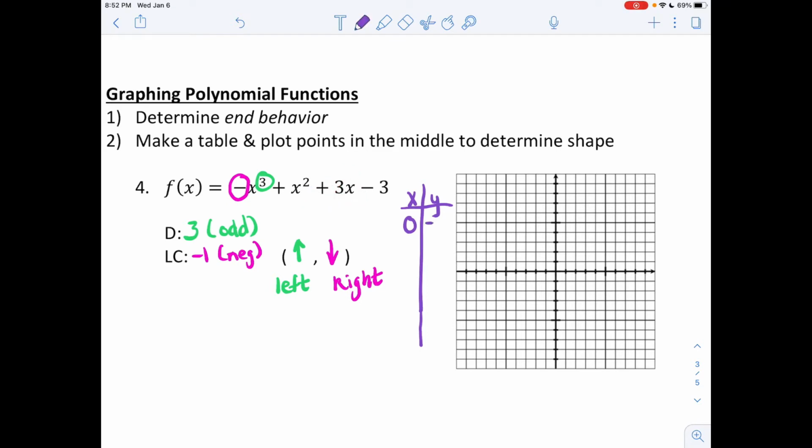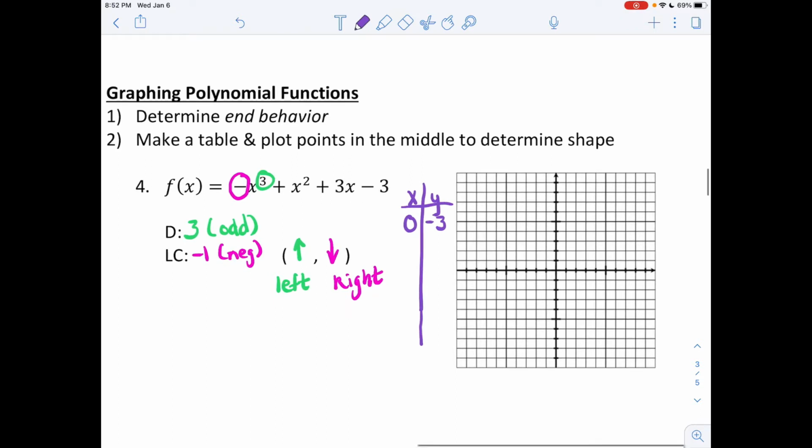So y is -3. Let's go ahead and plot the point x being 1. If I plug in an x of 1 here, I'm going to get a -1 and a +1, a 3 and a -3. So we actually have positive and -1 cancel, positive and -3 cancel, so I'm left with 0 for y.